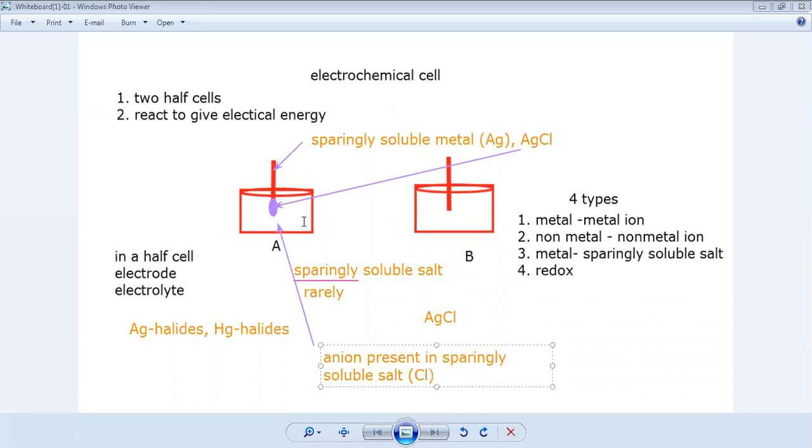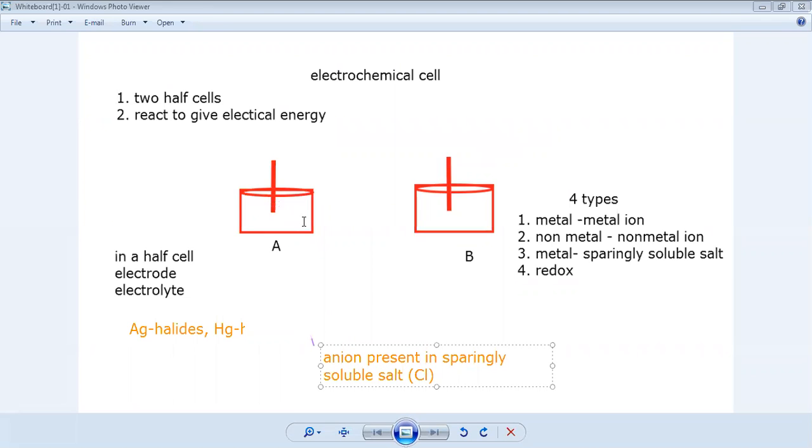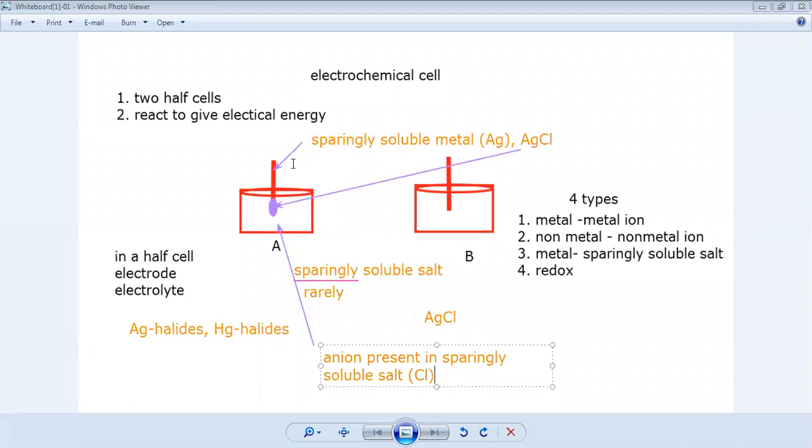So this is a bit tricky one, but you now understood what it is. Yes or no? What we have taken is a sparingly soluble metal ion, which is common in the sparingly soluble salt which we are going to apply at the tip. The coating will be there on the rod.